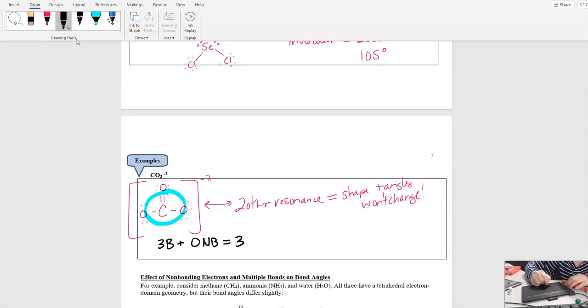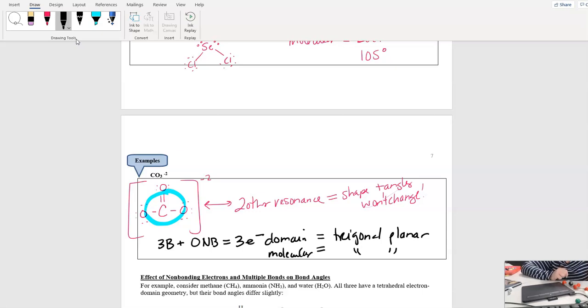So that means I have a total of 3 electron domains. And 3 electron domains, no lone pairs? Well, that is trigonal planar. Okay? And because there's no lone pairs, this name is going to be the same as the molecular domain name, as long as there's no lone pairs, okay? And that's why you see the trigonal planar look like this. I'd have to take this hydrogen off, but I'll show you what that looks like.